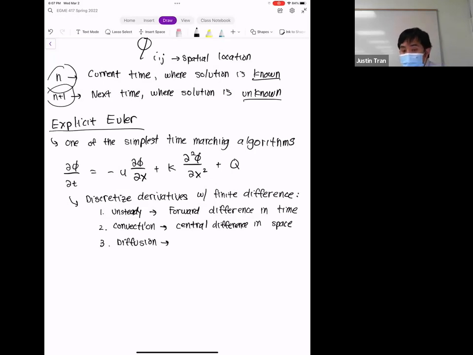Right, and then for diffusion, we only know one way to discretize the diffusion term, which is just central difference. Central difference for a second order derivative. Okay, and of course, this is going to be in space as well.